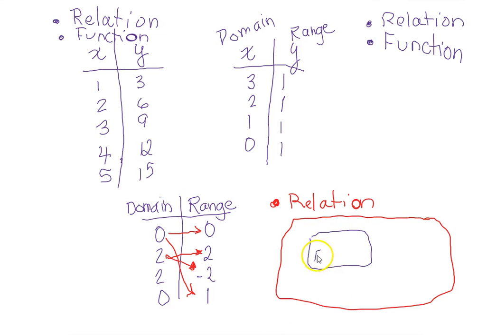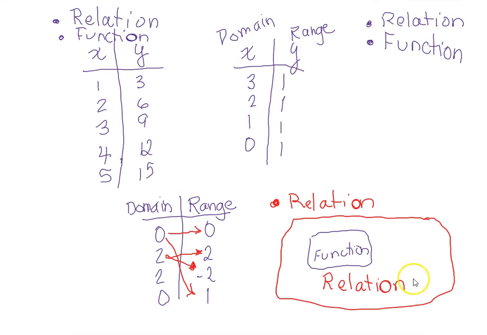So we've got our function, and then our relation, right? So a function is necessarily a relation, but a relation is not automatically a function. And hopefully that makes some sense. If you're unclear, go ahead and rewind, listen to this again, and then go ahead and ask me questions.